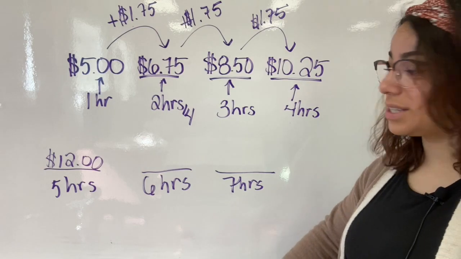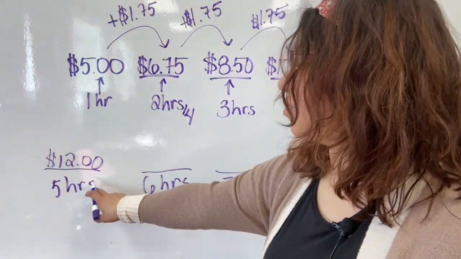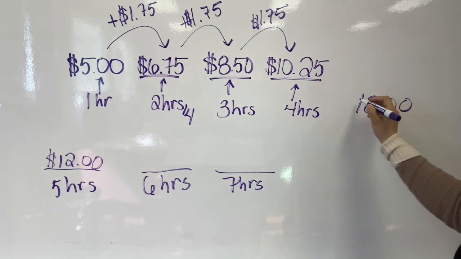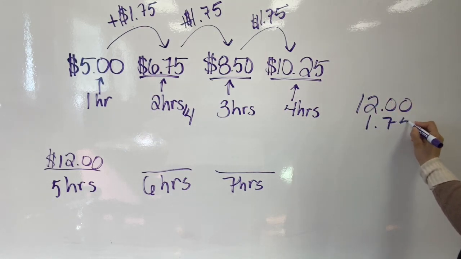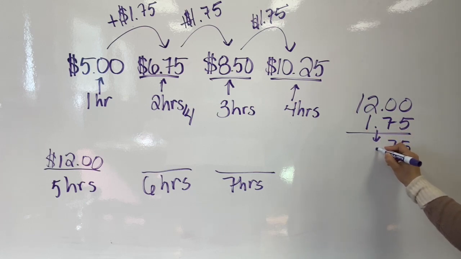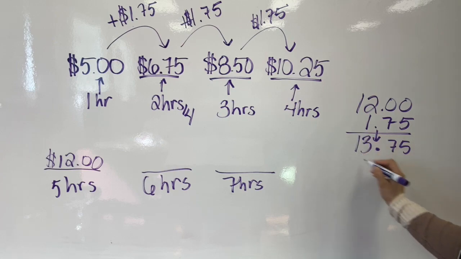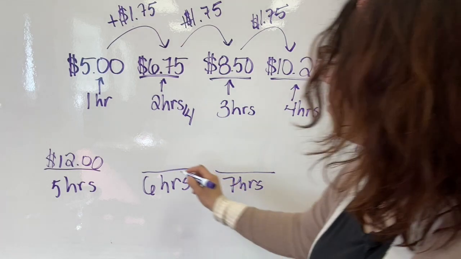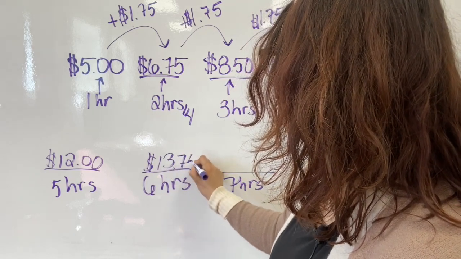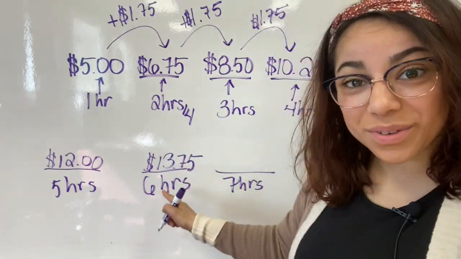The next number I'm going to take is the last one that I just found. So this one, $12 plus $1.75. Bring down the decimal. Okay, the next one is $13.75. And the last one is how we find our answer.